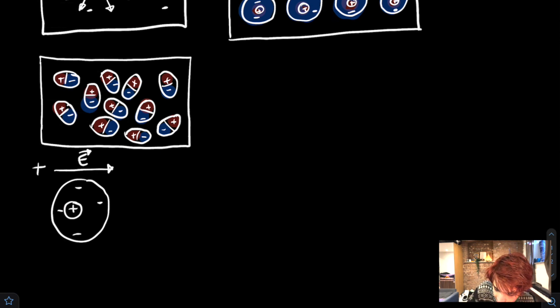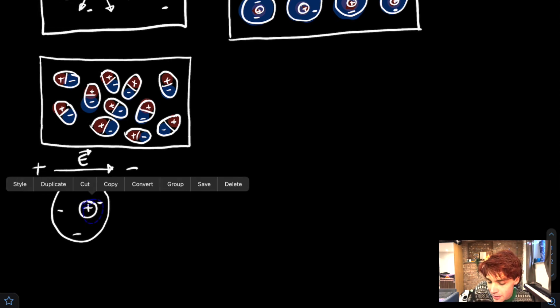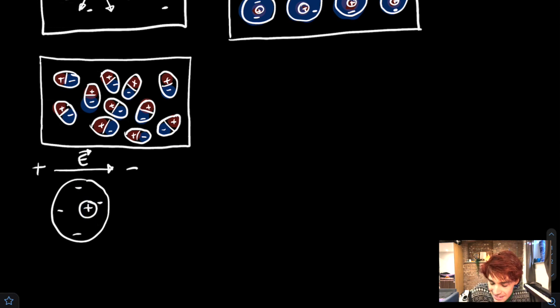Oops, should be the other way around, in fact. The positive charge is going to be attracted to the more negative part of the electric field, and the negative charge is going to distort slightly towards the positive. So there's going to be this kind of warping, distortion, and therefore you're going to have this kind of off-axial tilt within the atom.